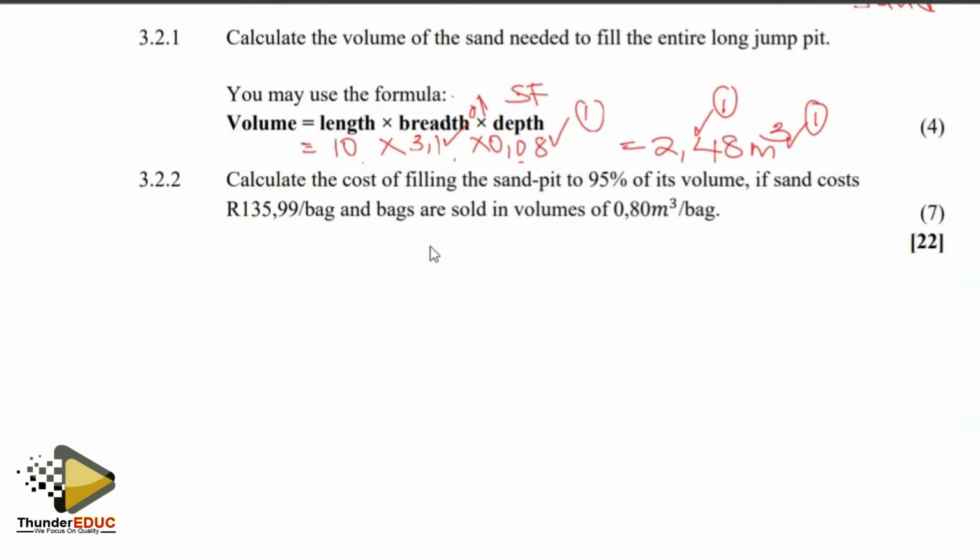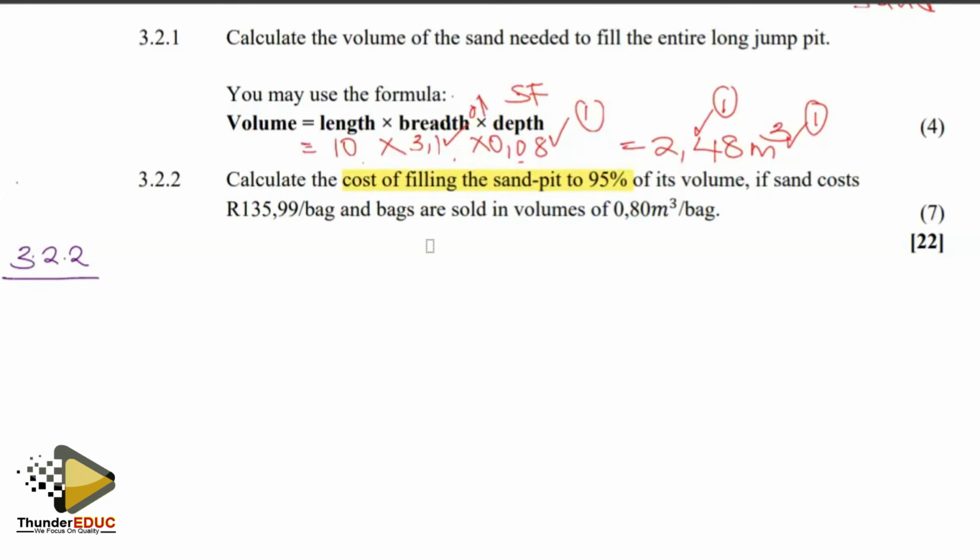So here we go. 3.2.1. I'm looking at question number 3.2.1. What does it want us to do? You ask yourself. It says calculate the cost of filling up the sand pit to 95%. That means not all the volume is going to be covered by sand, but 95% of it is going to be sand.